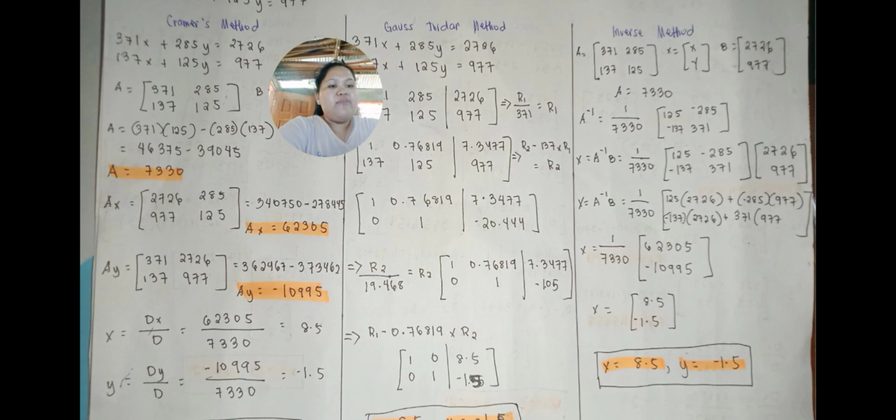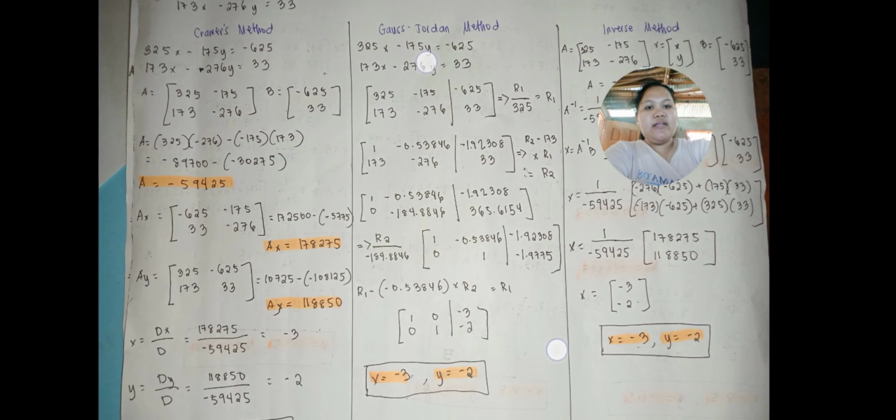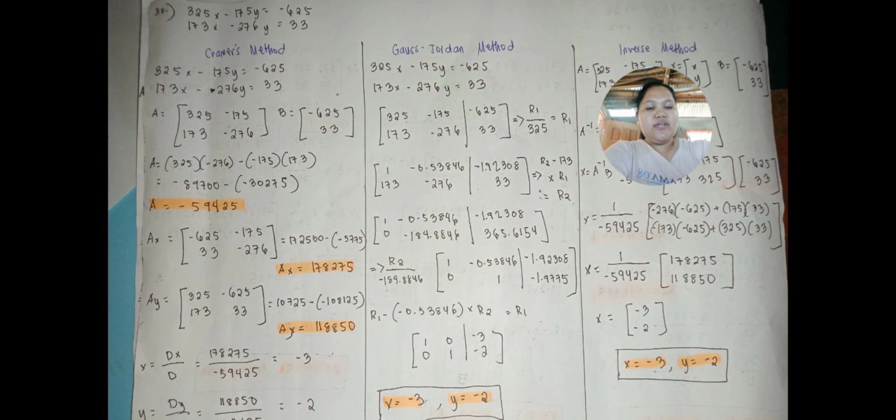So multiply and divide with 1 over 7,330. So it results to 8.5 and negative 1.5. So our x and y for the inverse method are 8.5 and negative 1.5. So, let us proceed with number 38.